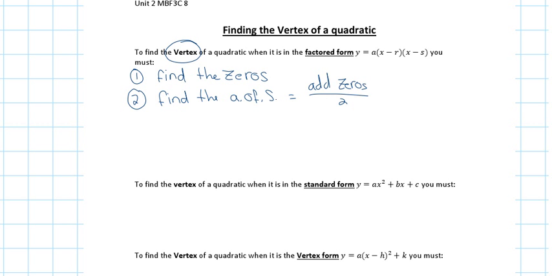What letter did we use for the axis of symmetry? X, which is what in the vertex equation? H. So this gives me the H part of the vertex.